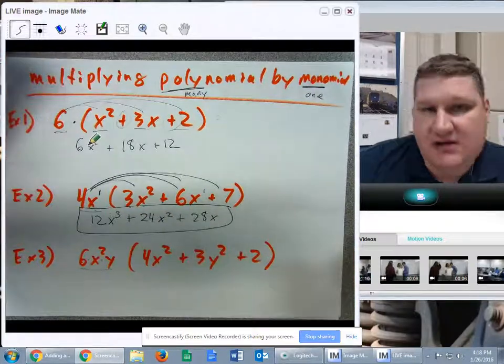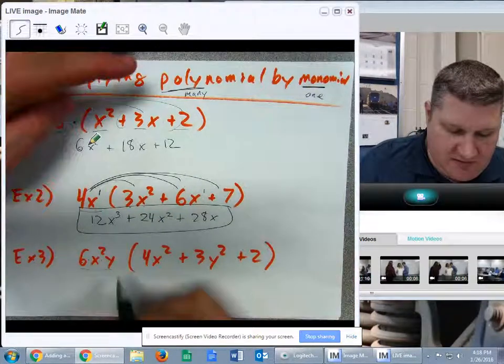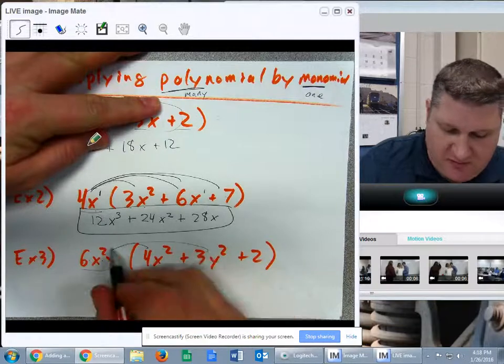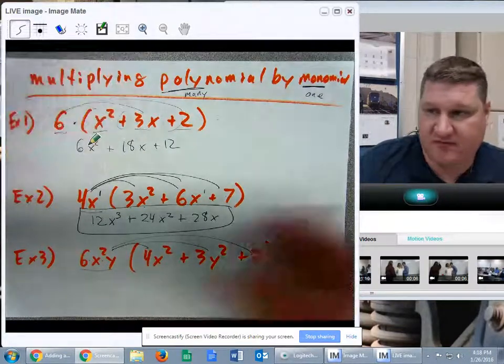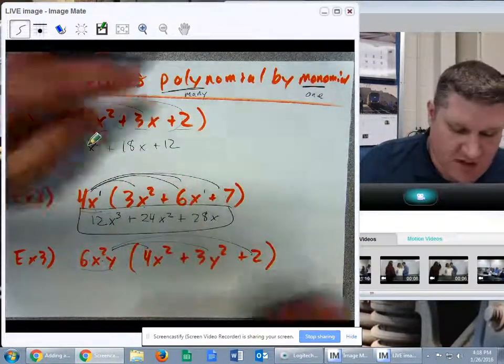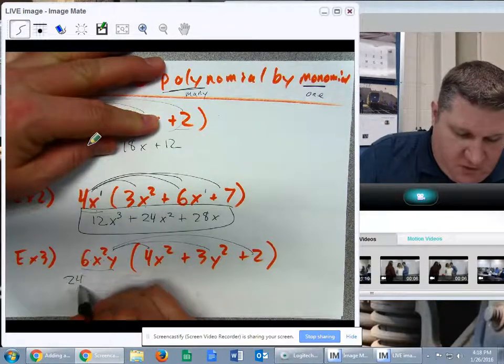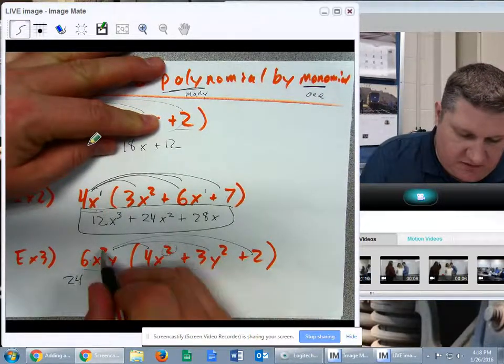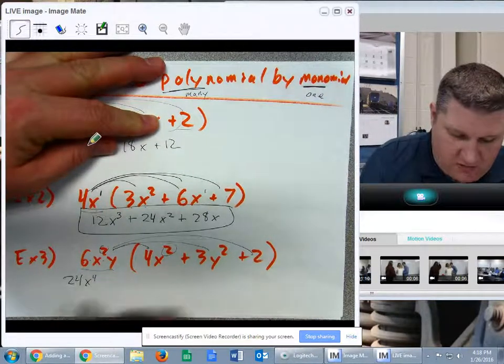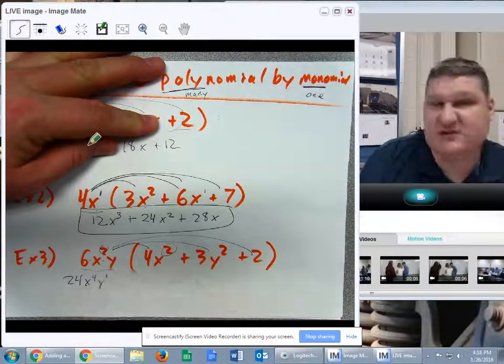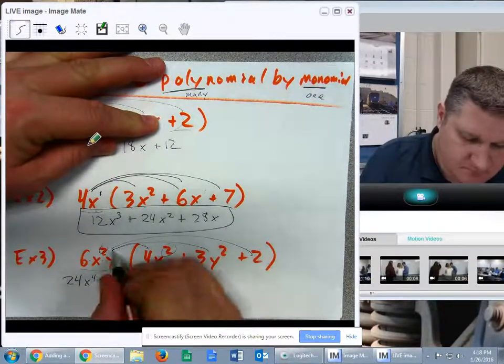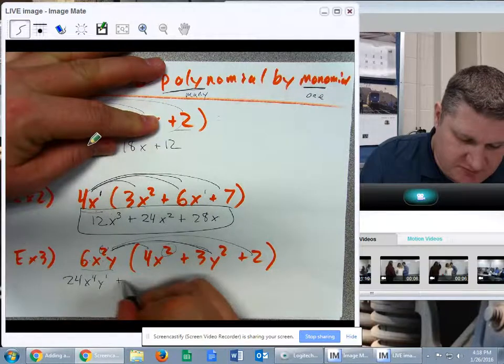Nothing that terribly challenging. However, if we go down here, we start to get a little bit more complex. We're still just going to give it away like we've done in the previous two examples. But now we get 24, x to the, well, squared, fourth, y to the first, or just plain old y would be fine. This times this, you end up with plus 18.